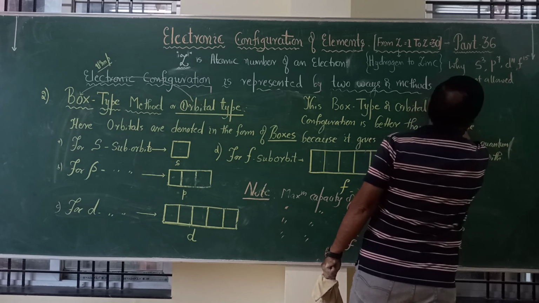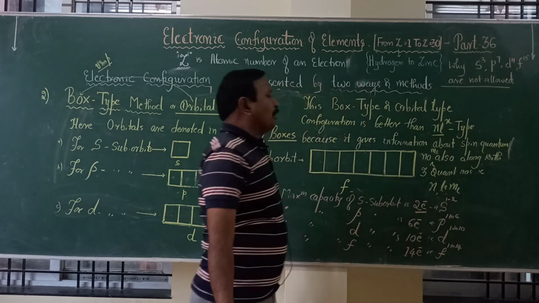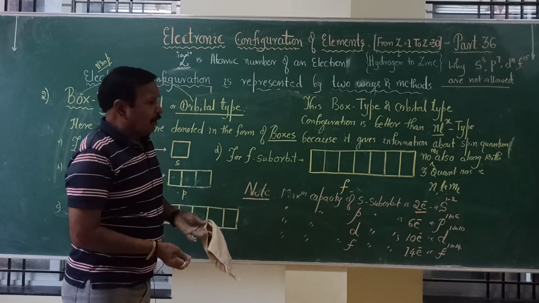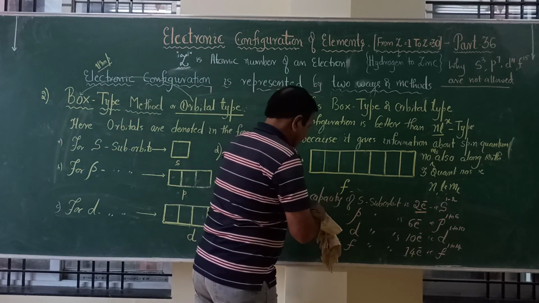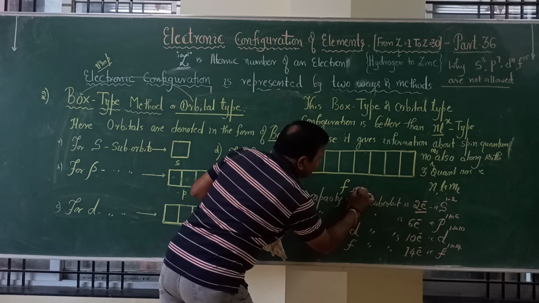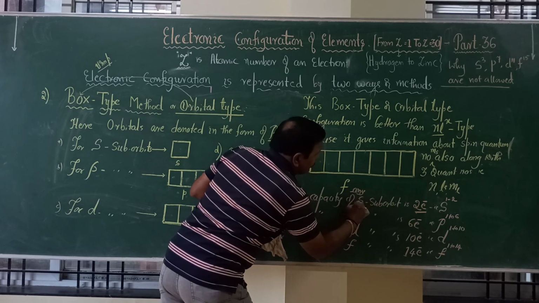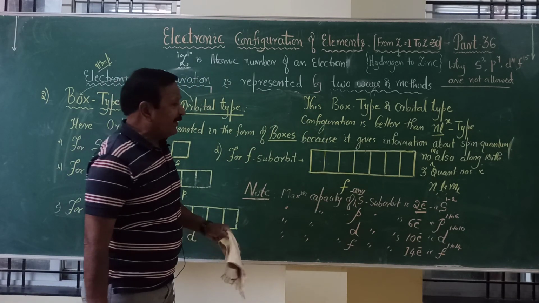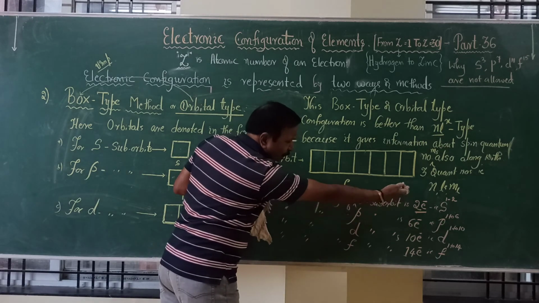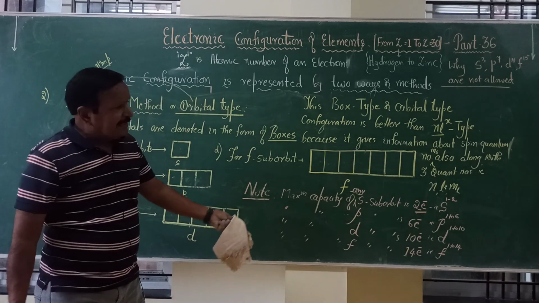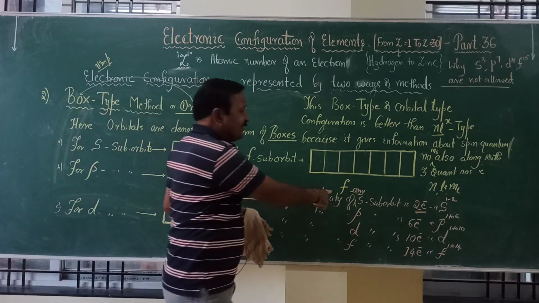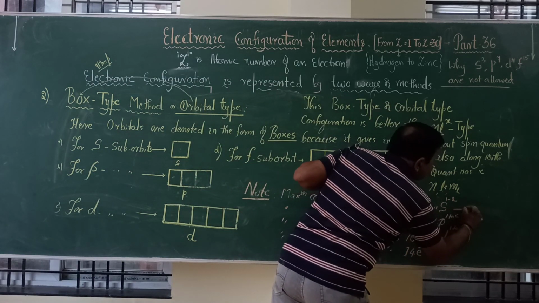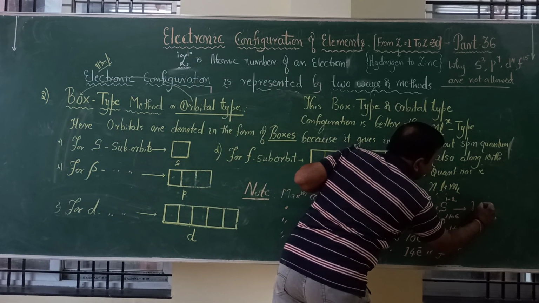The answer is very simple, because the capacity of any s orbital, 1s, 2s, any p orbital, any d orbital, any f orbital is fixed. And s will start from 1s.